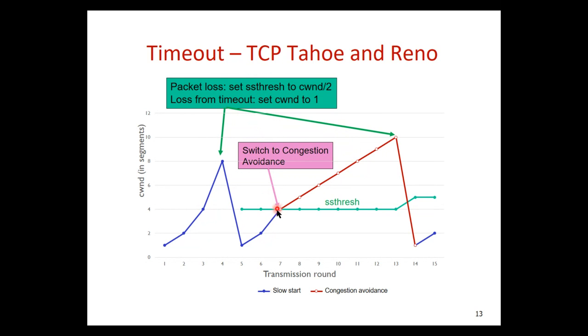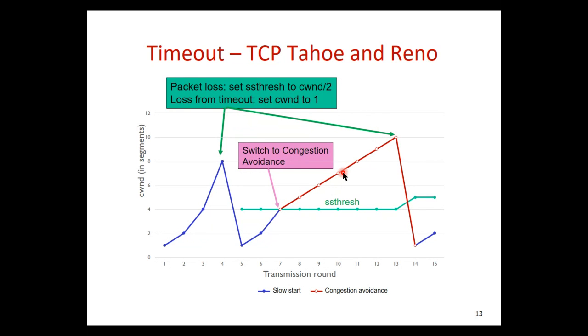When the CWND value reaches that threshold value, CWND will still be increased, but more slowly. This is a linear increase, not exponential increase, and this is what I show in red. This mode of operation is called congestion avoidance. So it switches to congestion avoidance when CWND reaches the value SS threshold.